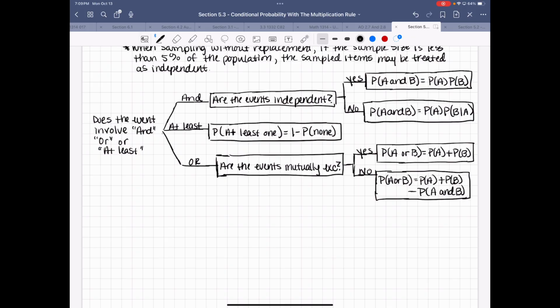So the first thing that you have to do is determine: are they mutually exclusive, are they independent, are they neither? So that you kind of know what's going on there.